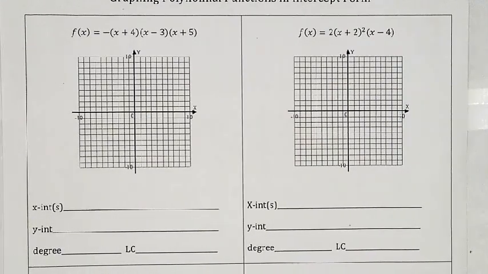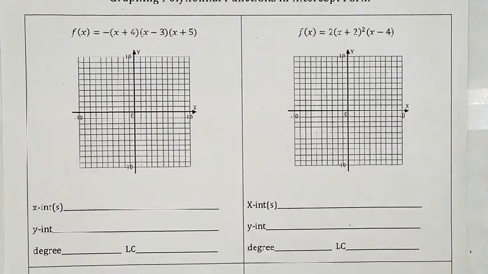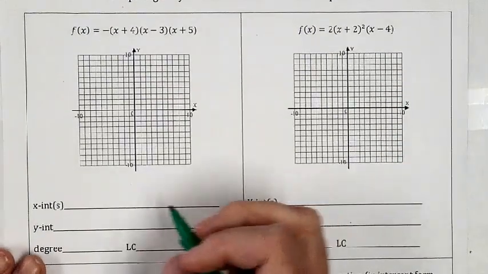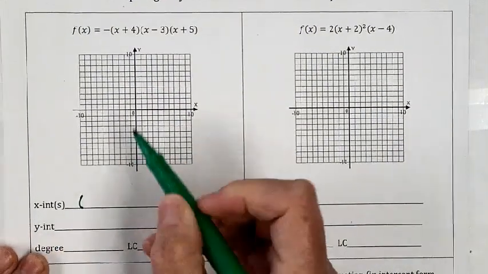Alright, now we're going to graph polynomials in intercept form. So f of x is equal to a negative times x plus 4 times x minus 3 times x plus 5. So your x-intercepts, just like we did on the first worksheet, taking the factors, setting them equal to 0.